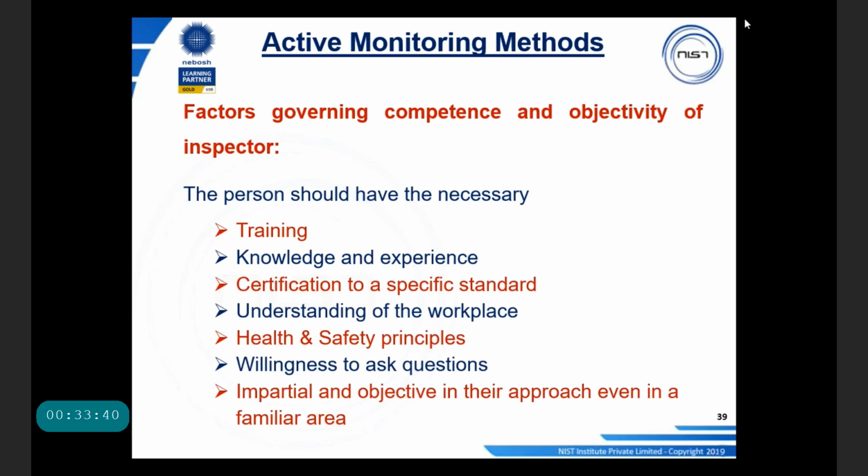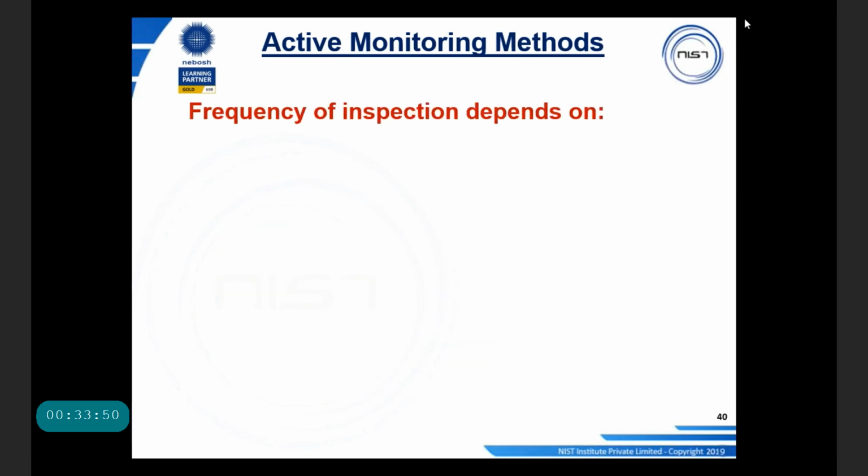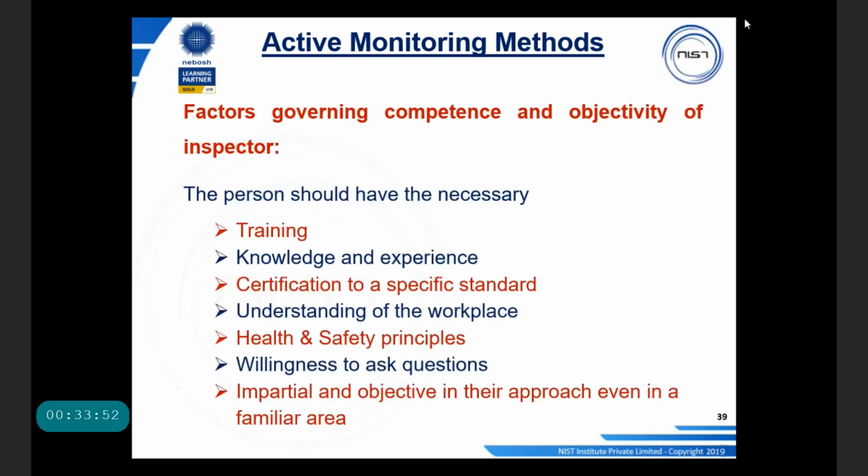He should also be impartial and objective in his approach, even in a familiar area. Impartial, I think you can understand. What does that word objective mean? It's a very important characteristic that an inspector should have, even an auditor for that purpose.